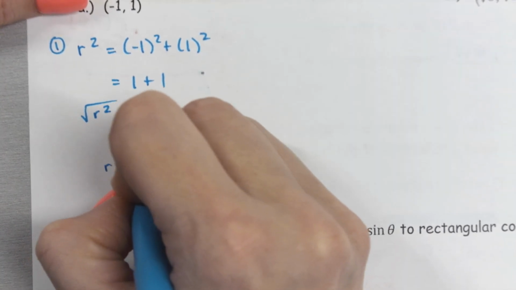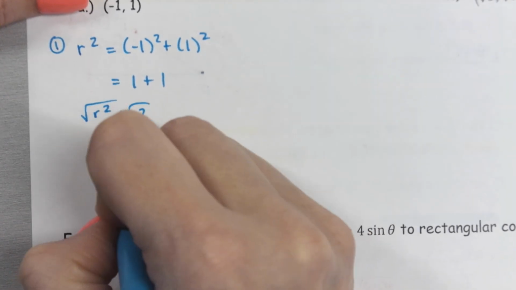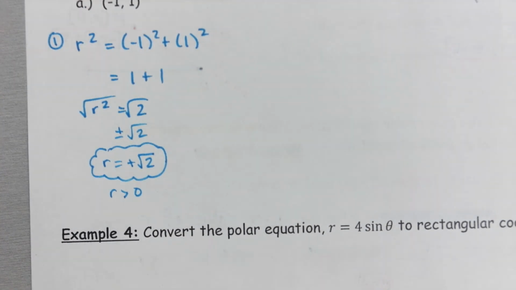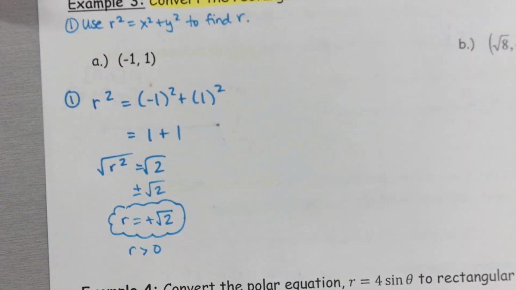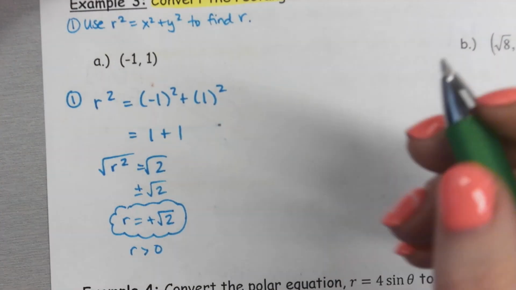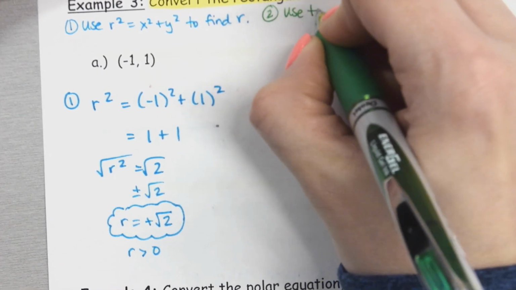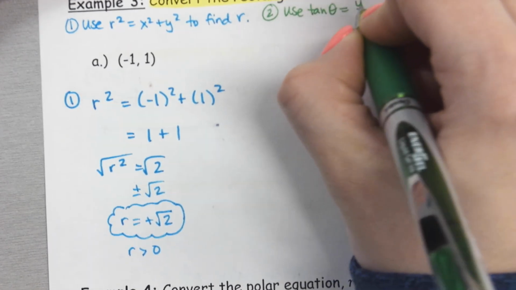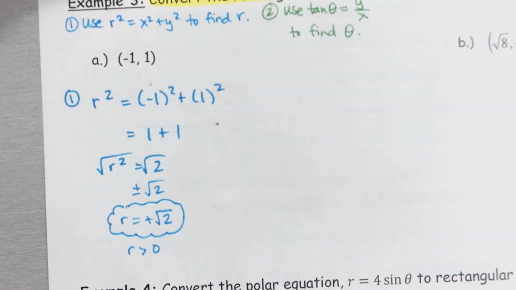You're going to use the positive value. Okay, and then for step 2, you are going to use the tangent of theta equals y over x to find theta.